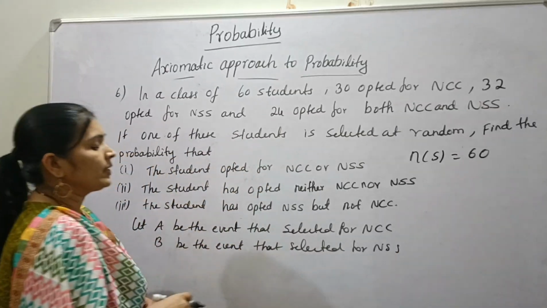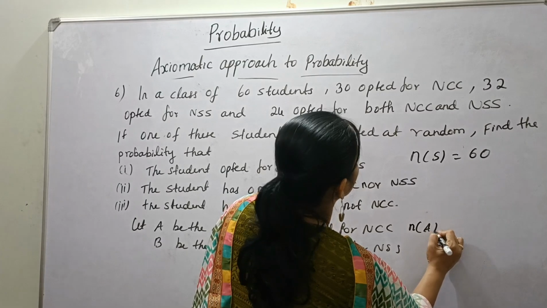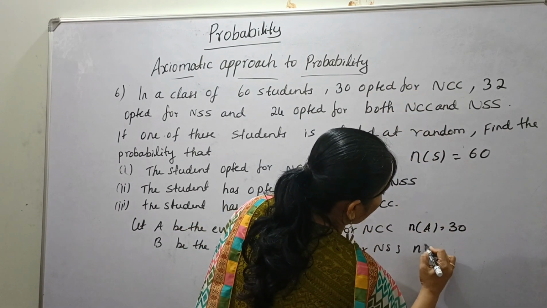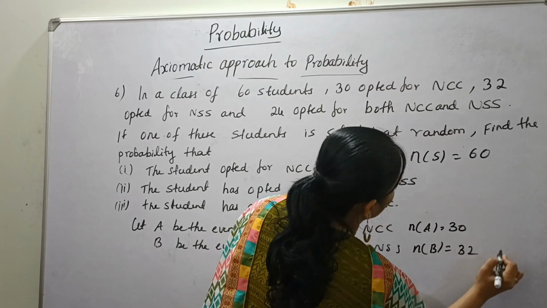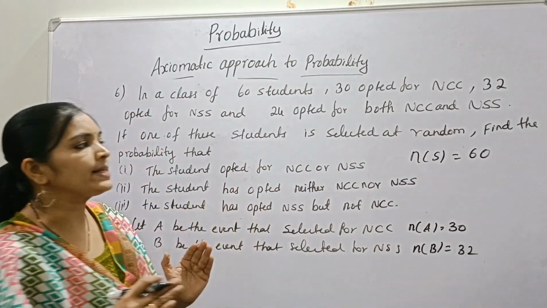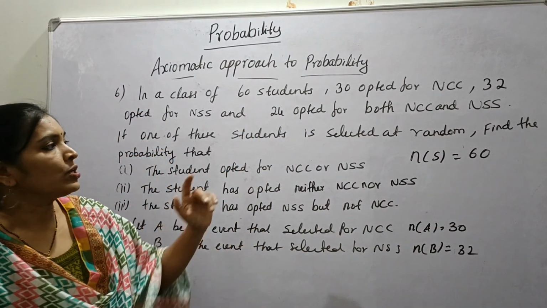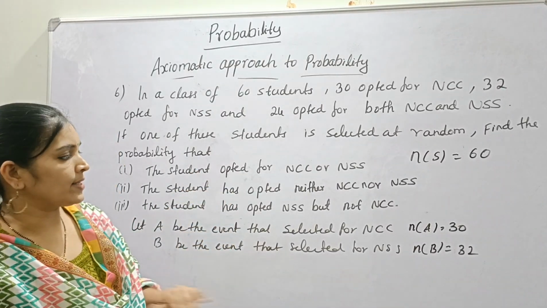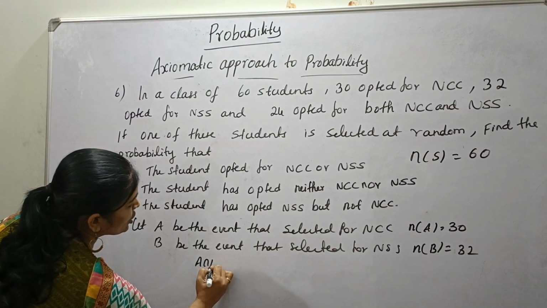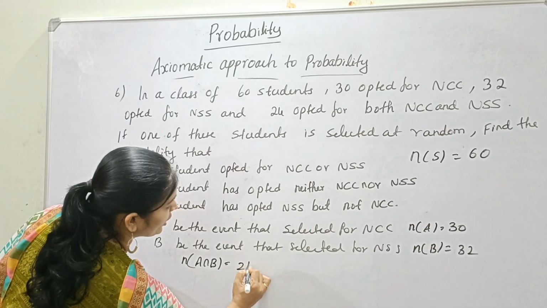Here the number of elements in A is 30, because 30 opted for NCC, and the number of B is 32. It is given that 24 opted for both NCC and NSS. Both NCC and NSS means that is common, so we can write it as A intersection B. That is, number of A intersection B is equal to 24.